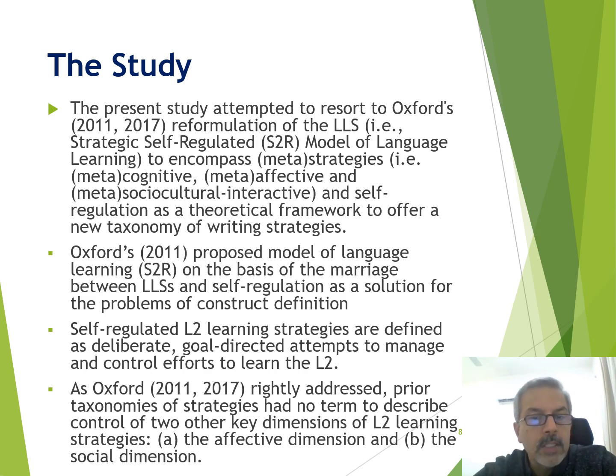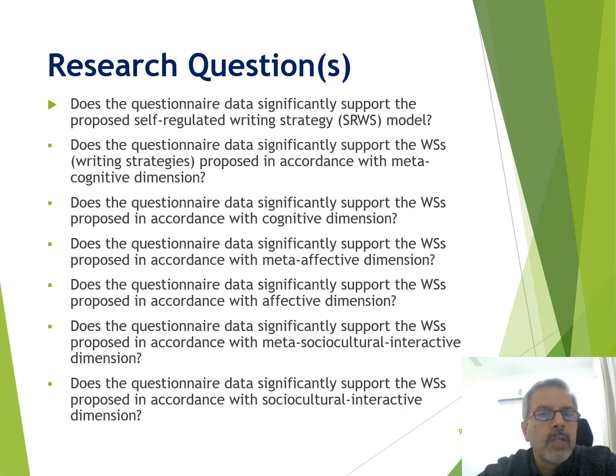So these are the positive things about her model, a comprehensive one. You can see the definition of self-regulation. It is quite common, so you can see it in other sources too. So let us move to the research questions directly.